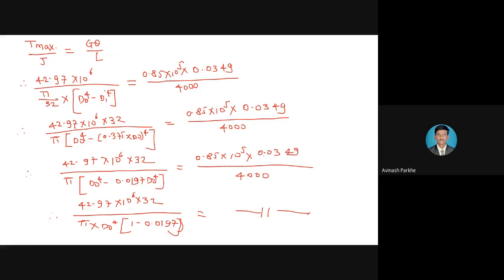It is present at the right side at the numerator. If I take it to the left side, it moves to the denominator. Similarly, this 4000 is present at the right side at the denominator. If I take it to the left side, it will move to the numerator.